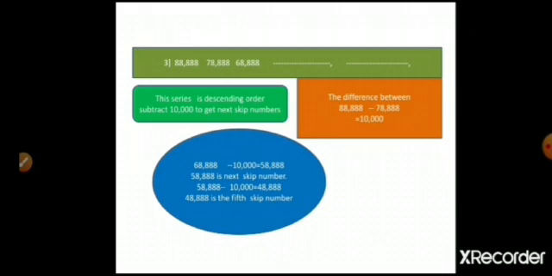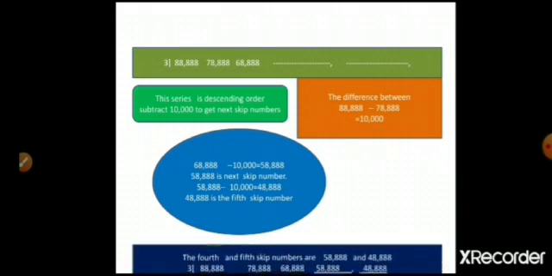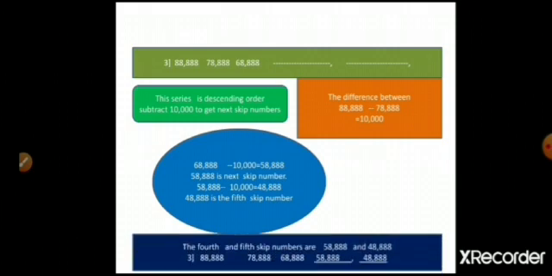In that number again we subtract 10,000. 58,888 minus 10,000 equals 48,888. 48,888 is the fifth skip number. Like this we complete the series. The fourth and the fifth skip numbers are 58,888 and 48,888.